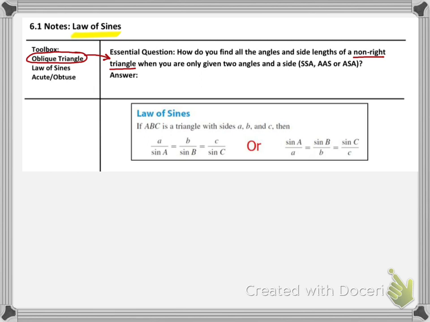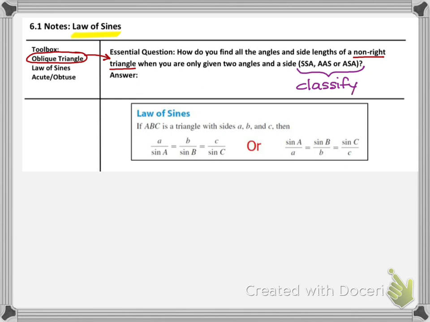So down below, you see a box containing the formulas for law of sines. But when we proceed a little bit further into an actual example, I'll show you how to use those proportion formulas down below. In our essential question, you are going to notice as well that there are a combination of capital letters here, and these are used to help classify your triangles that are given to you, okay?